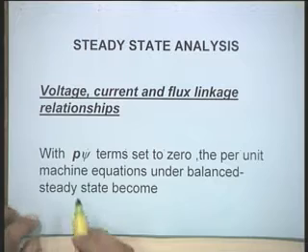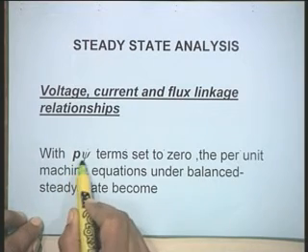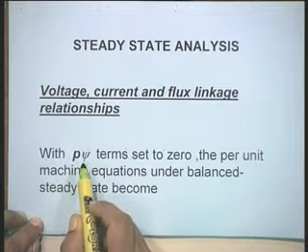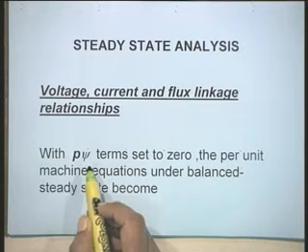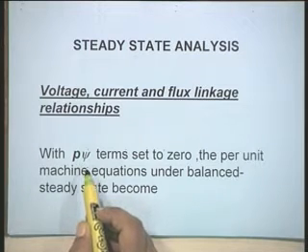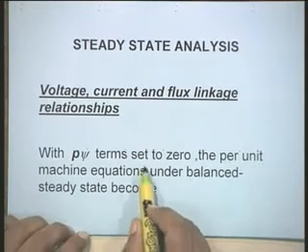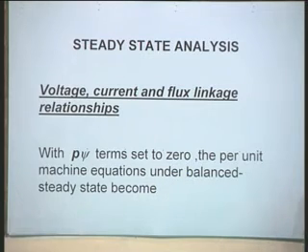With this assumption, the derivative terms will be absent. In steady state we do not have d by dt of psi; psi will be a constant, therefore the derivative term will be absent. Second, all zero sequence terms will also be absent, because it is a balanced three-phase system.